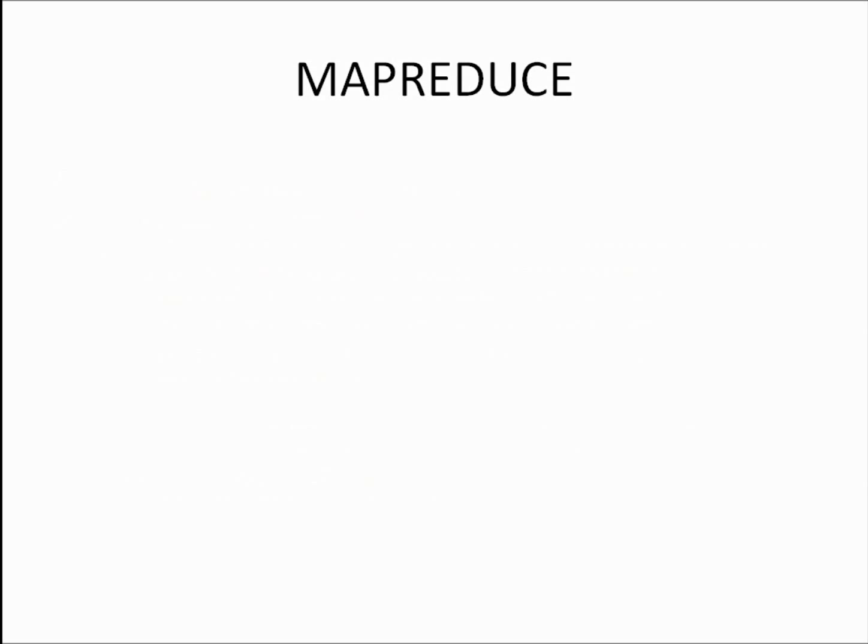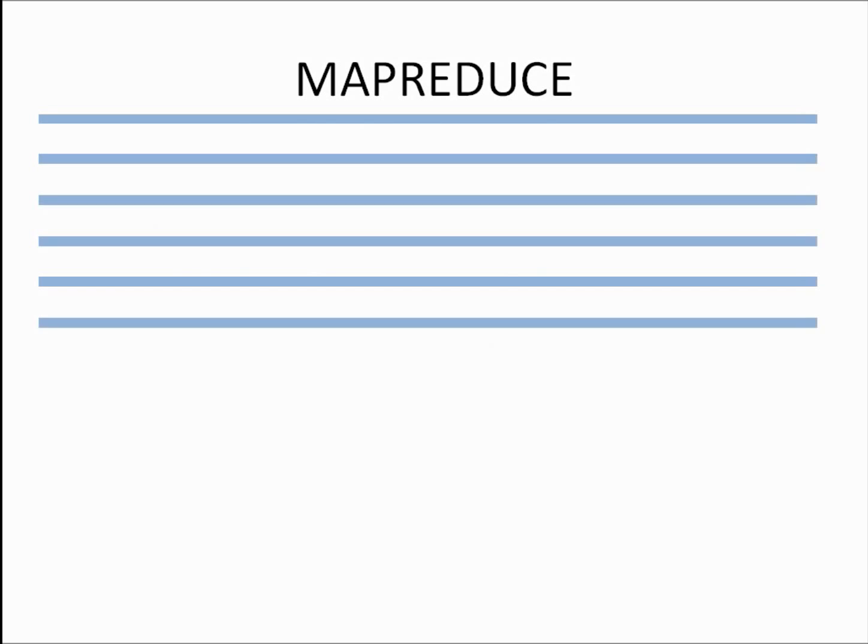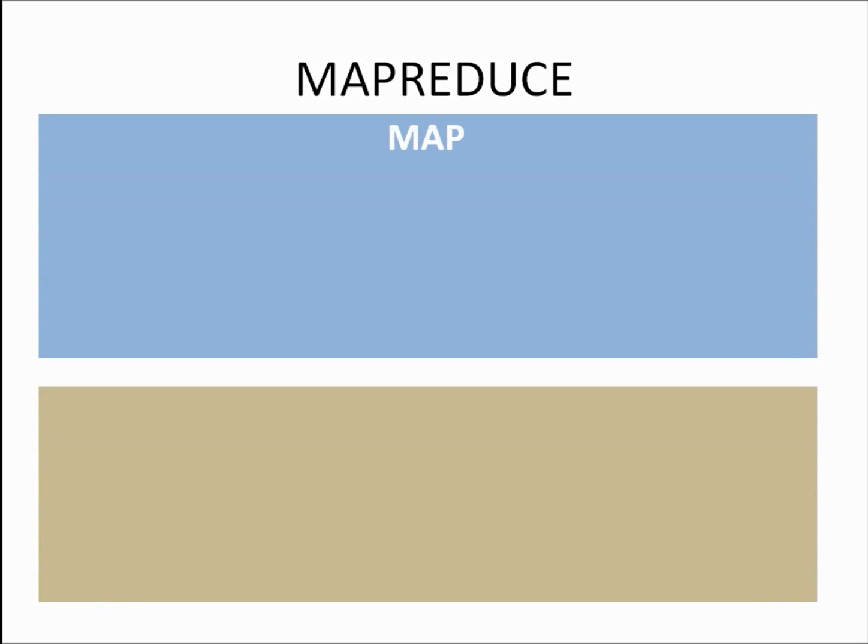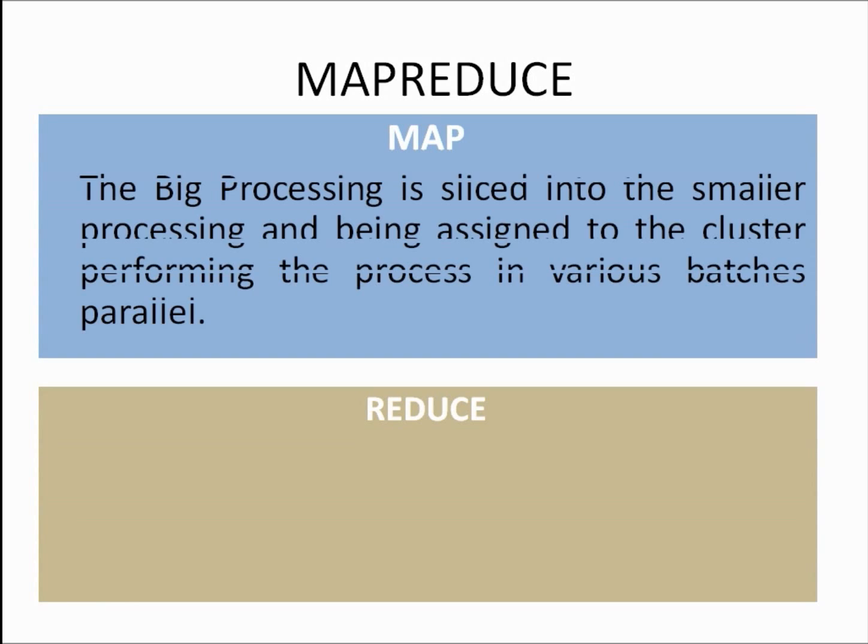We come to the next module, MapReduce. As the term itself specifies, 2 different words called map and reduce, and that is how it has been named. Map is the process where we give a big process to the system. Mapper splits this big process into smaller processes, and then it is given to the nodes for processing.